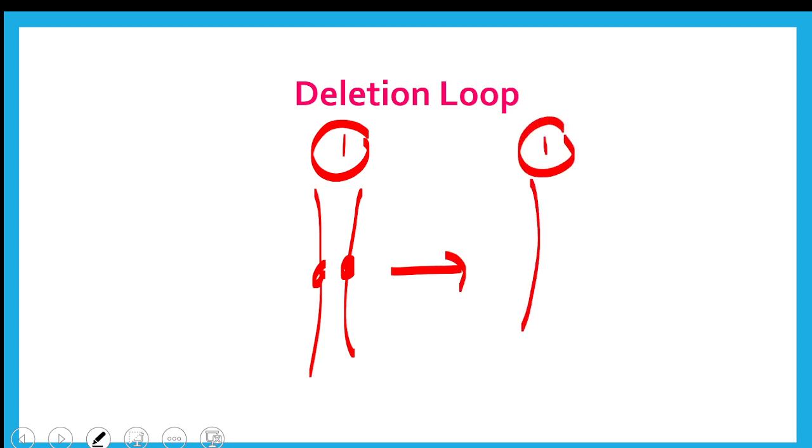So this is the first pair of chromosomes where pairing should take place. Now, out of these, one is exhibiting deletion. This is the chromosome which shows deletion, and this is normal. Now how does the pairing take place? This portion does not match this one.